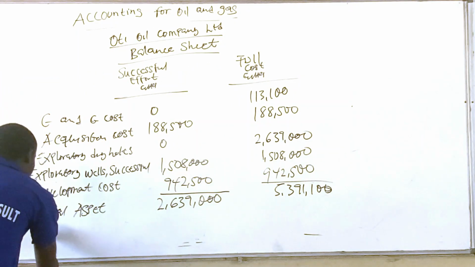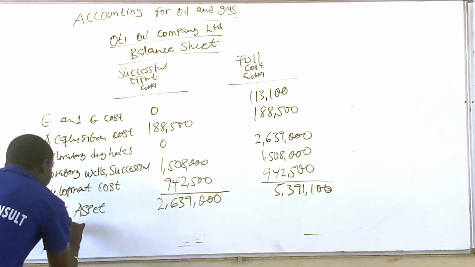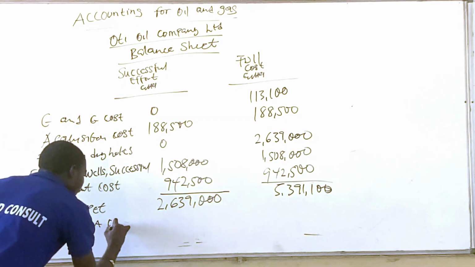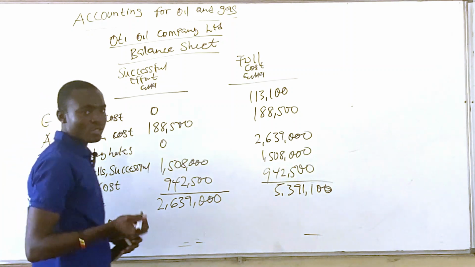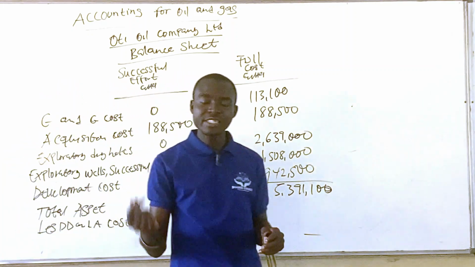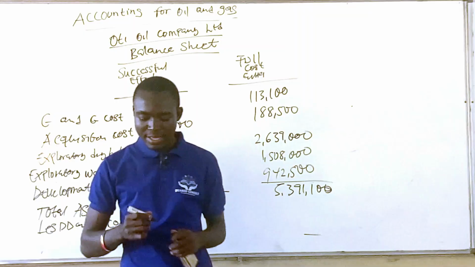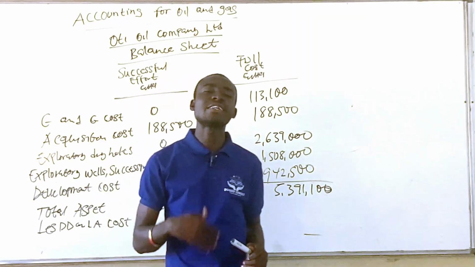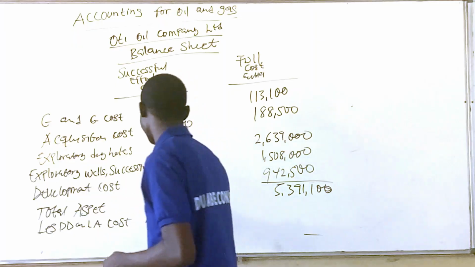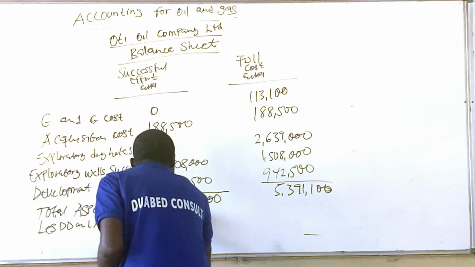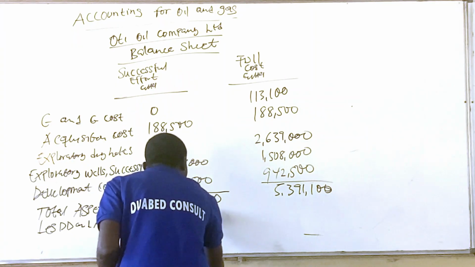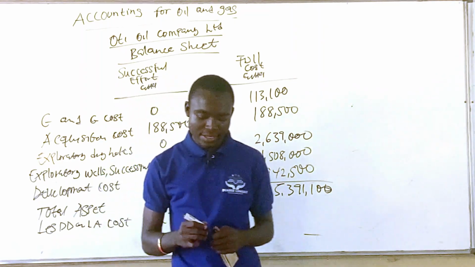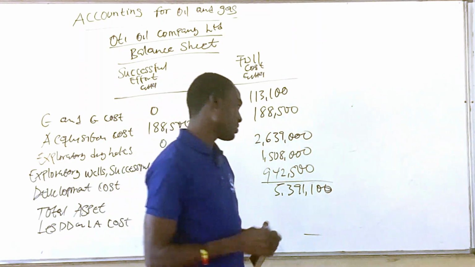And then we less depreciation and amortization cost. The depreciation and amortization cost under successful efforts was given as 75,400, and that of full cost method is 169,000.